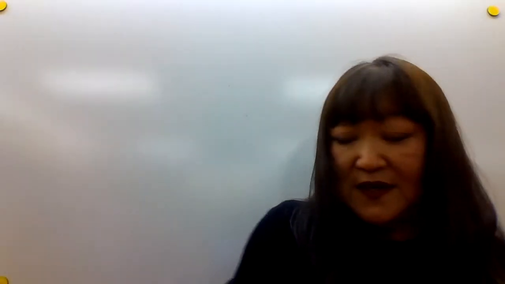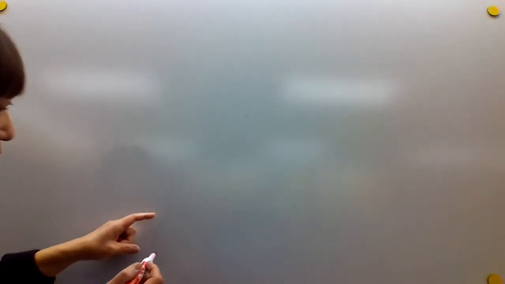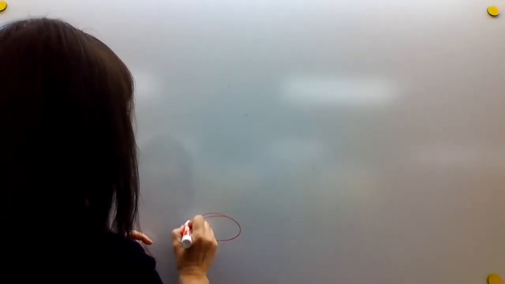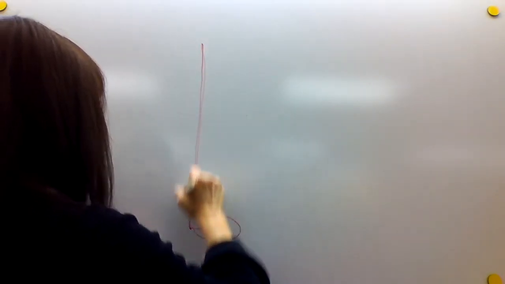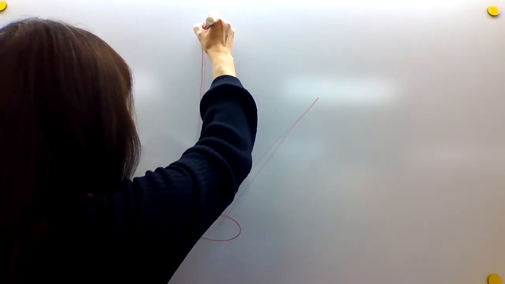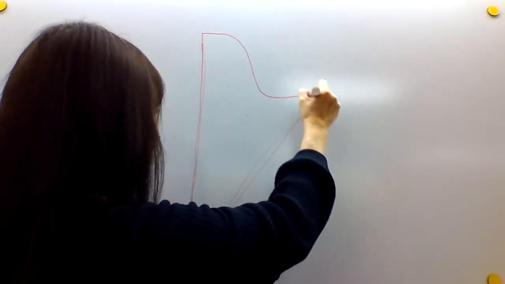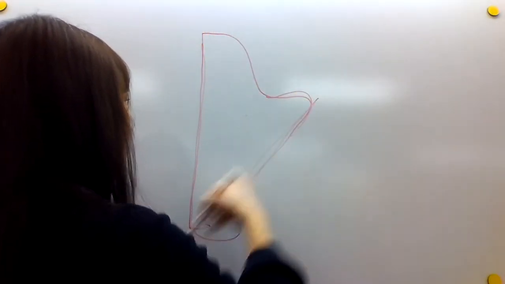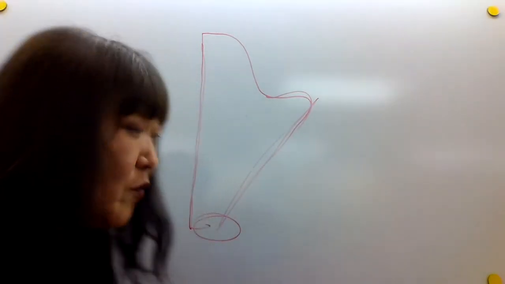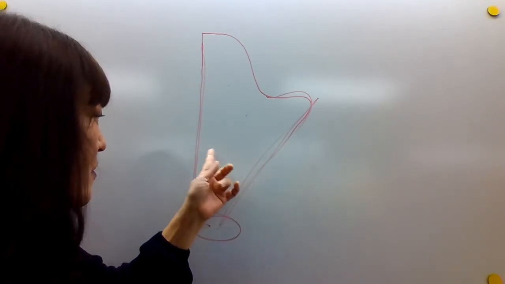Let's see if I can draw a gesture drawing of this. You watch me again and see how well I can do it. Are you ready? Small vase. Go straight up. And diagonal, and sharp corner. Now, I purposely did it twice.